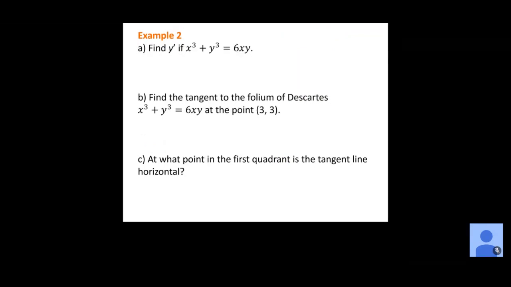Three x squared, because we're taking the derivative with respect to x right now, that's what y prime represents. We just get 3x squared. Now, what about the y cubed term? What is that derivative going to give us?